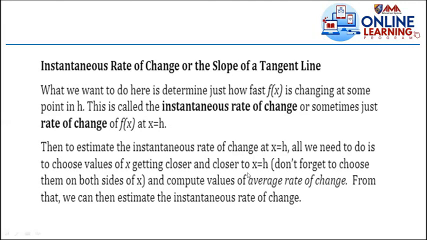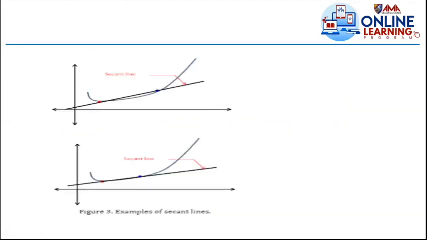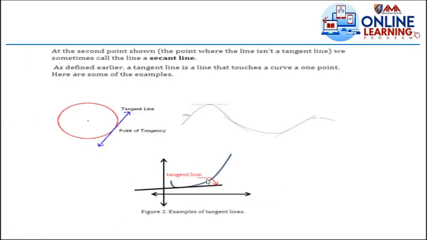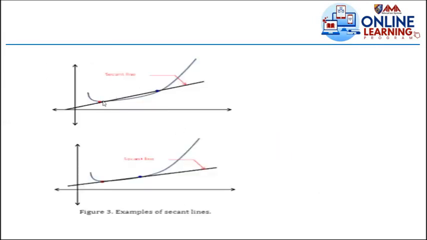When you say tangent line, we have only one point of tangency, and at the same time, the line touches the curve there. Looking at our drawing, the point of tangency is very small, unlike the secant line where we have 2 points.